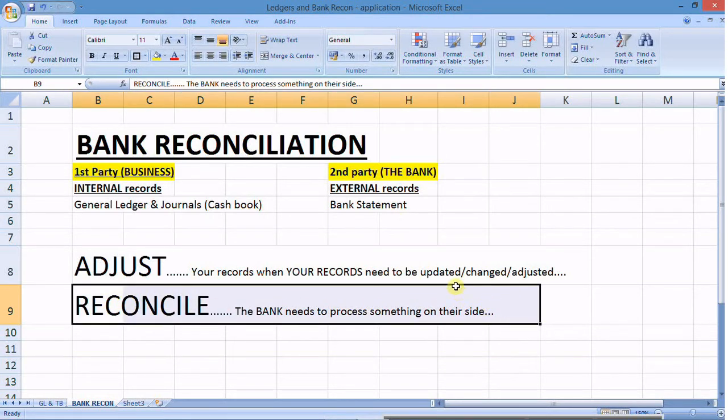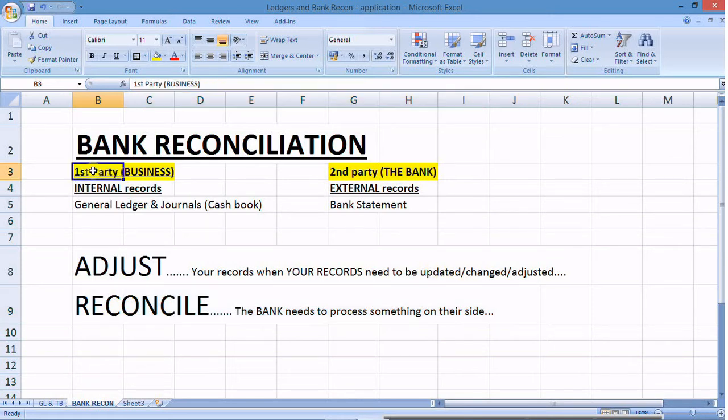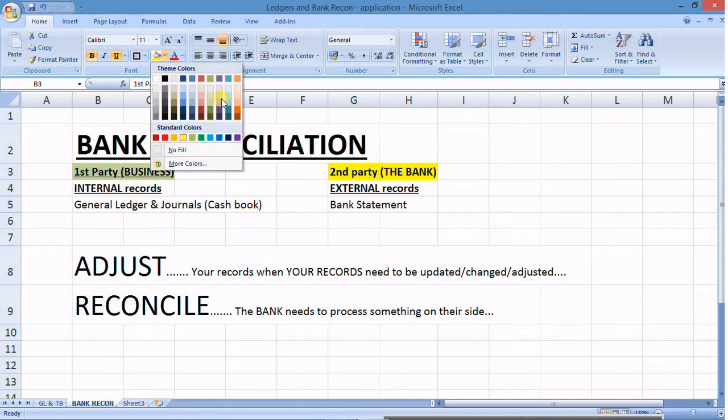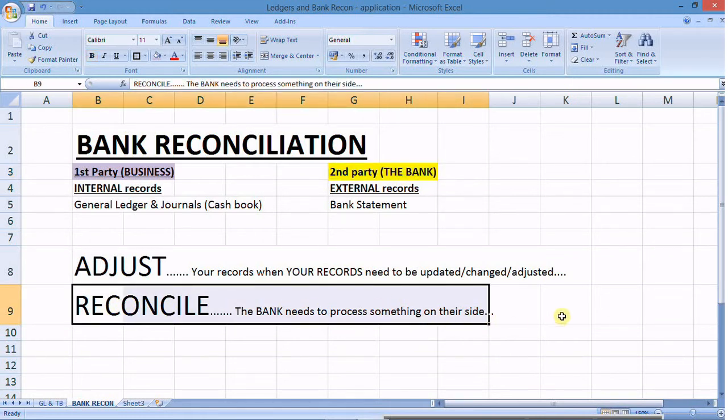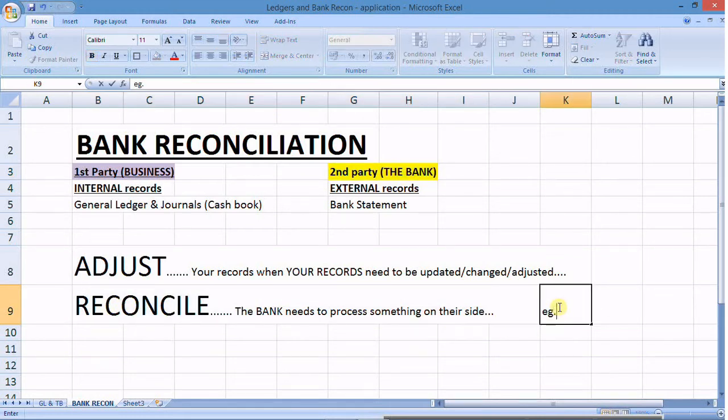Reconciling items are items that you cannot change, but you know there's a discrepancy between your books and the bank's books. You are recording things in your books and the bank is recording things in their books. A simple example of a reconciling item could be an outstanding deposit.